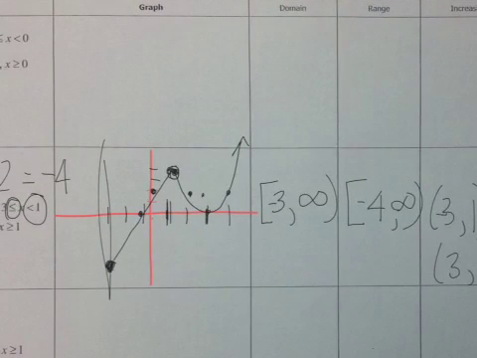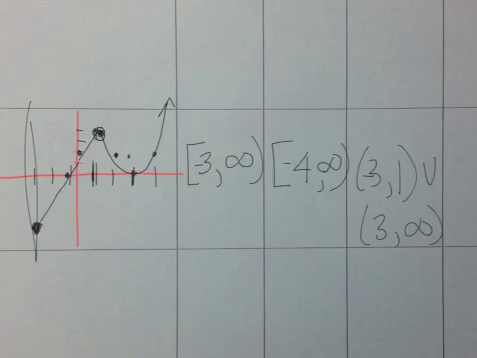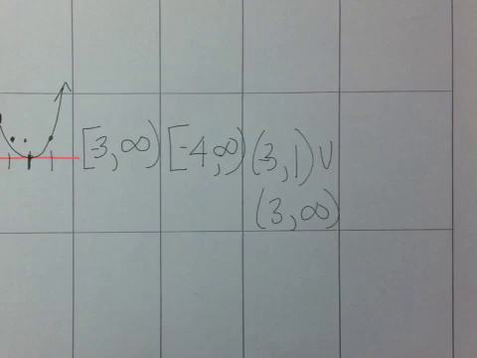I've got right here, I'm going up, and that's the x-coordinate -3 to the x-coordinate 1. And then I start to go down right here, but then I start to go up again with my increasing at the x-coordinate 3. So that's where that is coming from. So that's my increasing, and then my decreasing was just that red part I highlighted. It's just from 1 to 3.